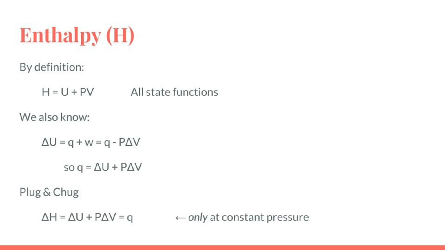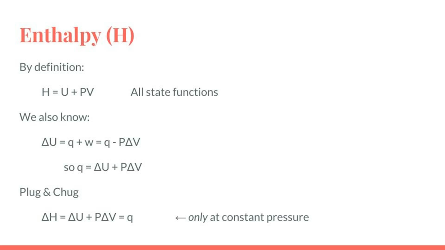Well, that means that delta H equals delta U plus P delta V, and Q is equal to delta U plus P delta V. And delta H equals Q. In other words, the change in enthalpy is just the heat that you've added to the system. All of a sudden, we have a state function that is really easy to measure. We've gotten it down to a single term, Q, heat.